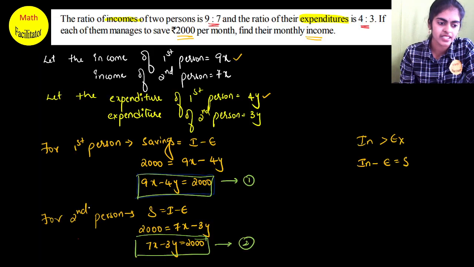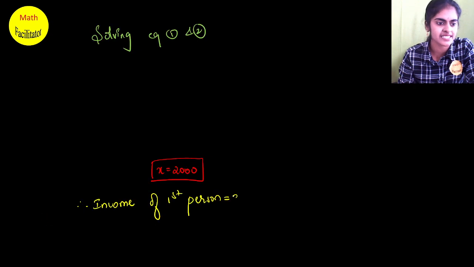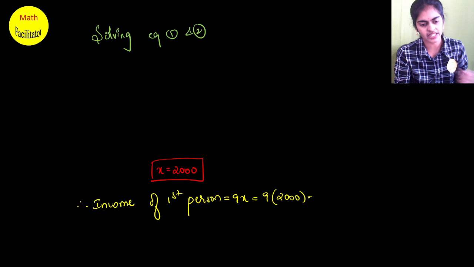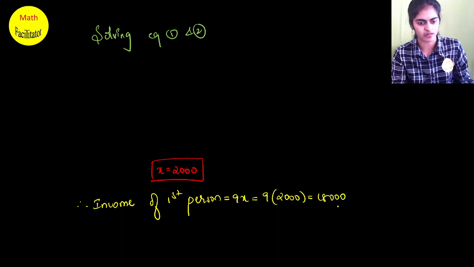Now see, x is 2000. How can I find the income of the first person? You have written that the income of the first person is 9x. So it is 9 into 2000, so the income is 18,000.